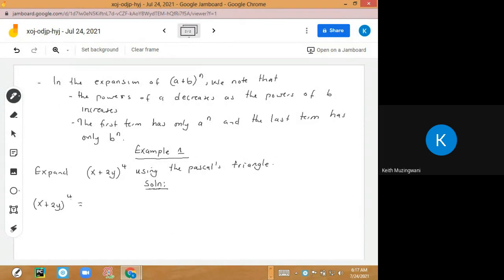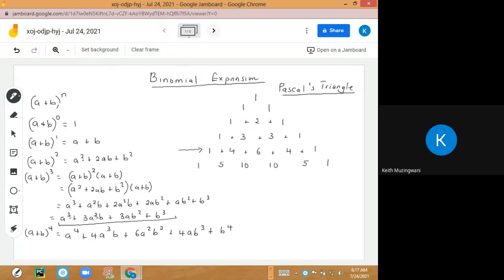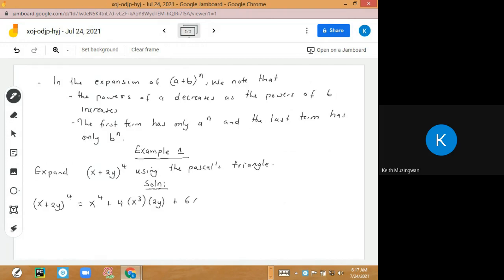The first one is just a to the power n. The second one has 4 in the Pascal's triangle, and then x power 3 as 2y appears to the power 1, plus we have 6 x power 2, 2y power 2, plus 4 x power 1, 2y power 3, plus 2y power 4.